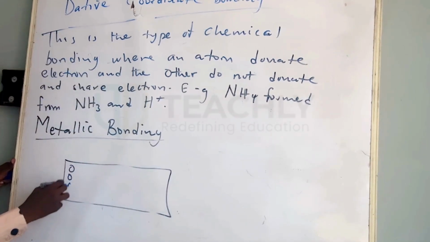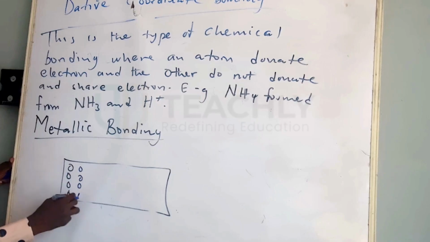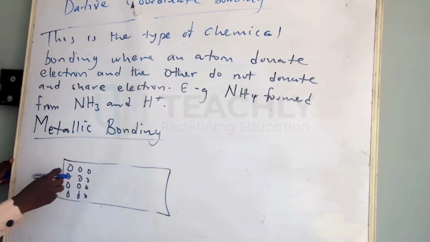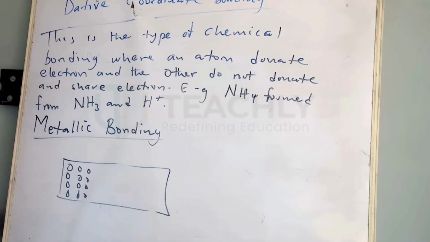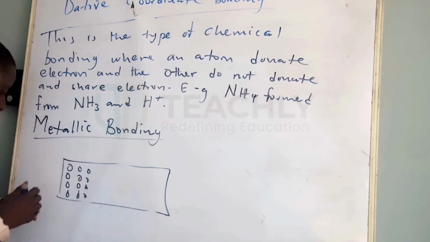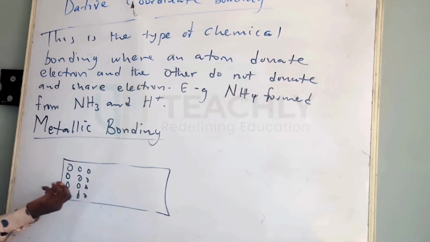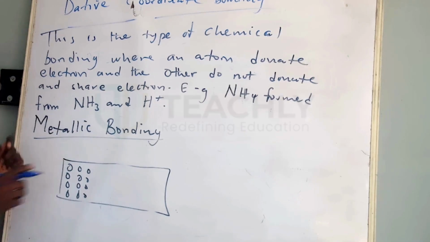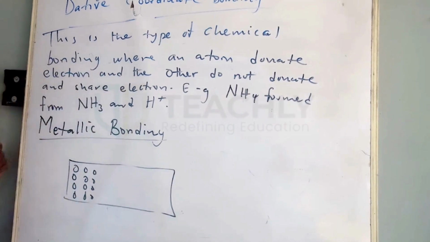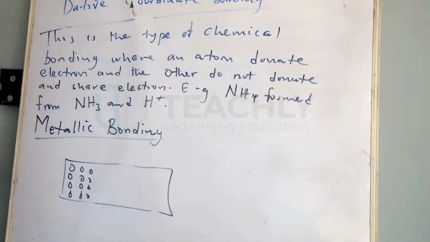This metal has a kind of arrangement of electrons, so there is an electrostatic force of attraction between the electrons forming the metal, and this forms the bonding. This is responsible for the high boiling and melting point of metals. That's why most metals have high boiling points, because of the metallic bonding between the crystal of their atoms.